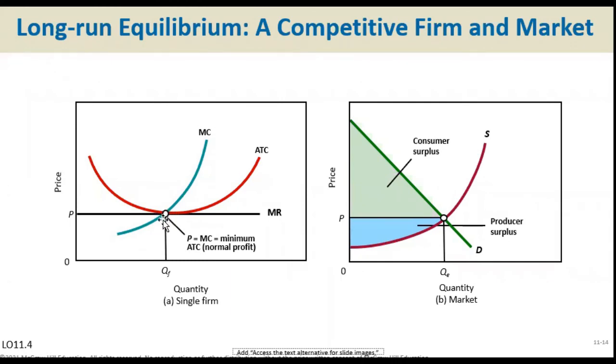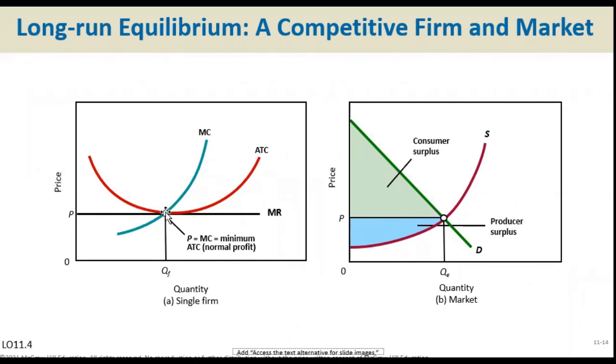So you can see that at this junction over here, when we have the price P and the quantity QF, we meet both efficiencies, and the price is equal to the minimum average total cost for productive efficiency, and also the price intersects with the marginal cost, which is allocative efficiency.